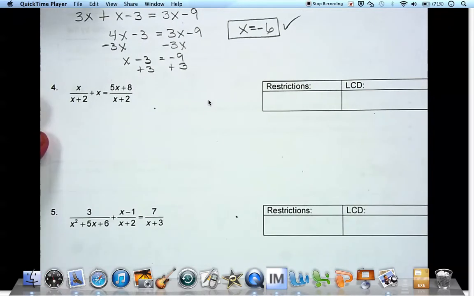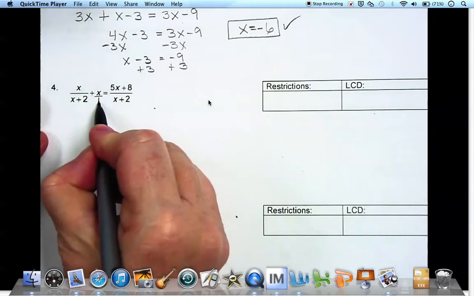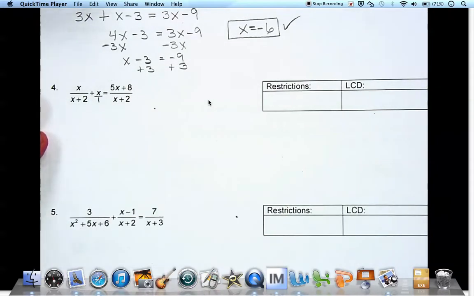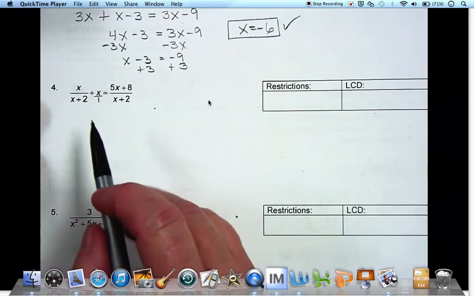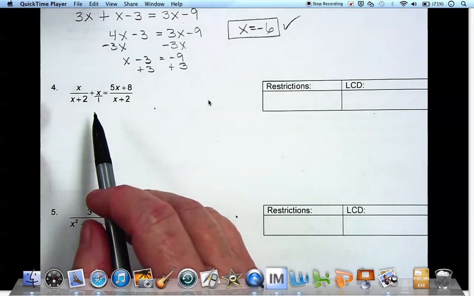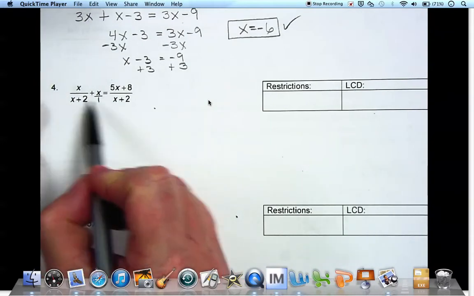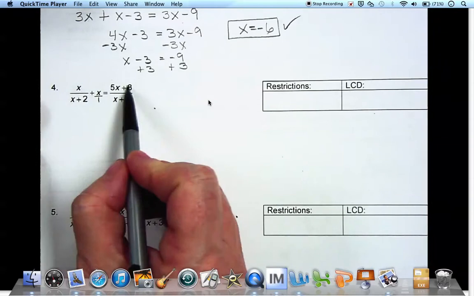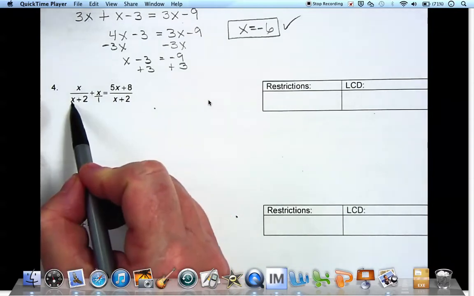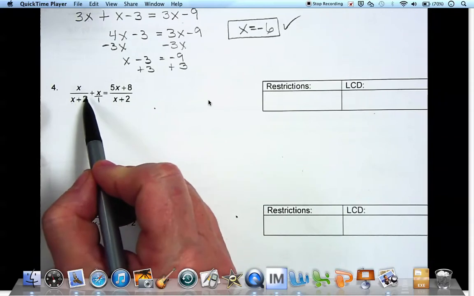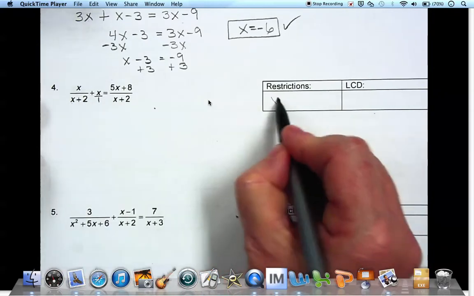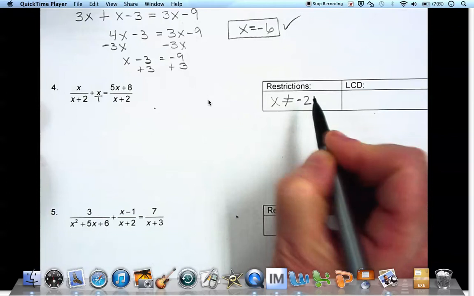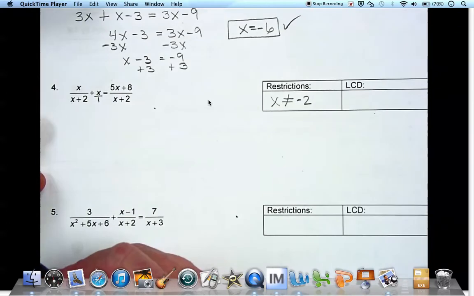Right? We're going to put a 1 underneath that x so that we have all these fractions and we can't cross multiply. So we're going to use the least common denominator method, and we're going to find the restrictions. So all I have to do is look at x in the denominator. X in the numerator does not matter, but in the denominator, if we plug a negative 2 in here for x, negative 2 plus 2 will give us 0. So x cannot equal negative 2. And then we need the least common denominator.